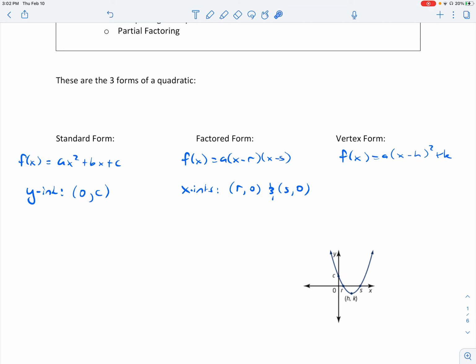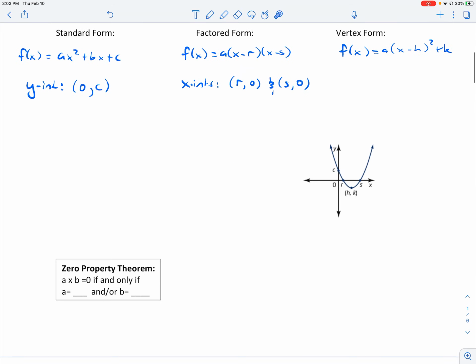This refers to the zero product property, which says a times b equals 0 if and only if a is 0 and/or b is 0. You can't multiply two numbers together and get 0 without one of them being 0.